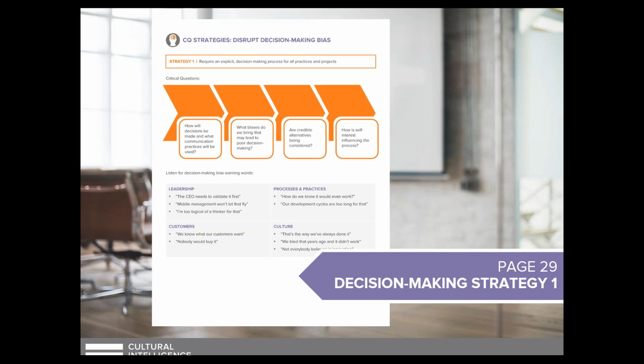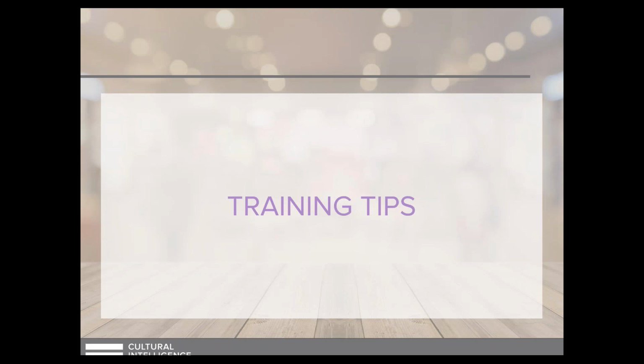Does it happen when you're dealing with customers or students? What about the organizational culture? And again, processes and practices. So this is just one example of a strategy that we provide as it relates to disrupting decision-making bias. And there are several other ones that are a part of that supplemental section of the manual.